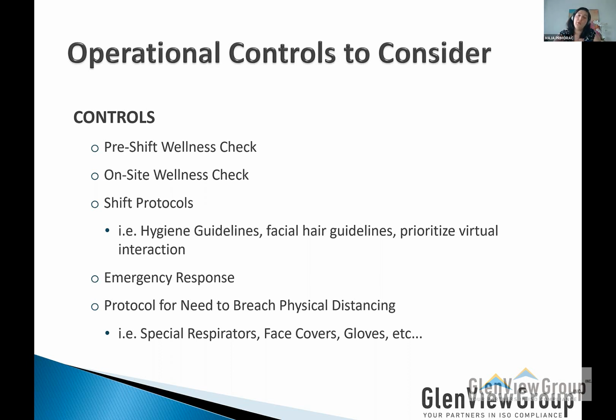The pre-shift check would probably be done at home. You would have a set of 4 to 5 questions to recommend your personnel consider before getting in the car. Those are the same questions you would be looking at for the on-site wellness check. Then shift protocols, hygiene guidelines, facial hair guidelines, prioritizing virtual interaction.